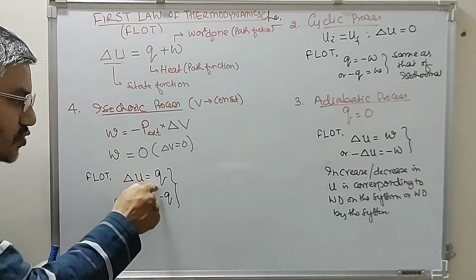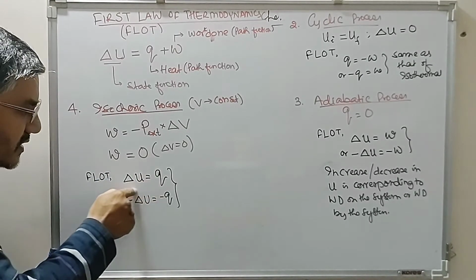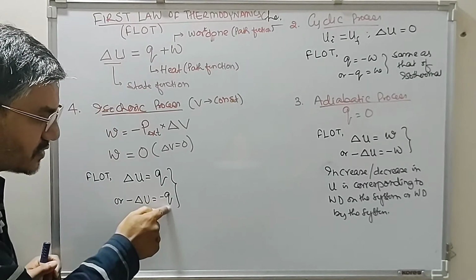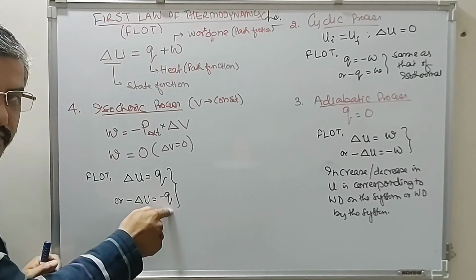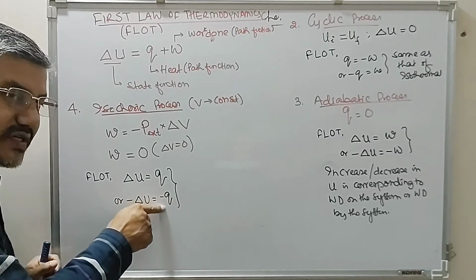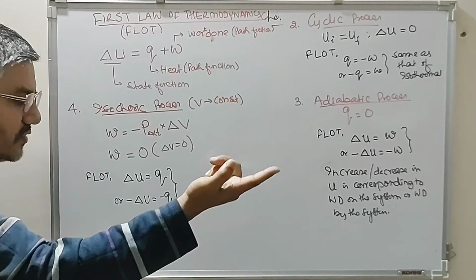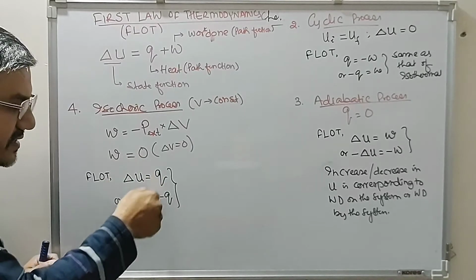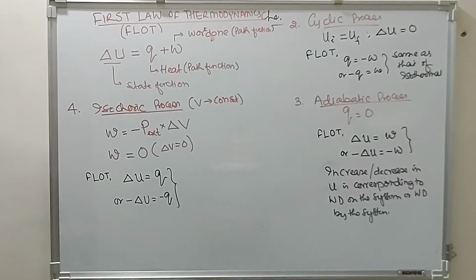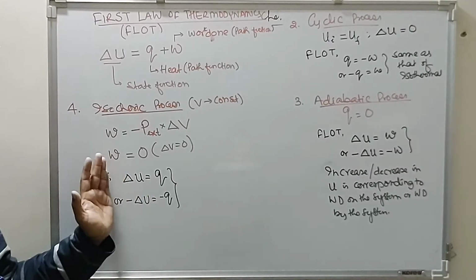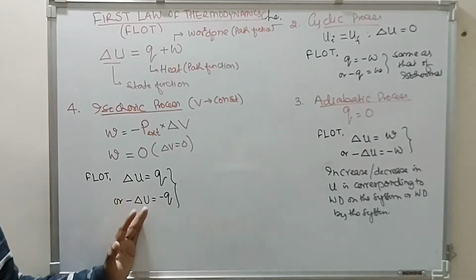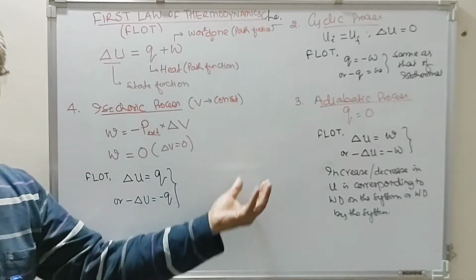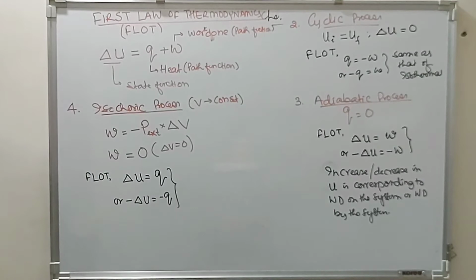So if heat is transferred to the system, then there is a corresponding increase in internal energy. If heat is withdrawn from the system, or the system is transferring a corresponding amount of heat to the surrounding, then there is a corresponding decrease in internal energy. So the increase or decrease in internal energy corresponds to the heat transferred to or withdrawn from the system.